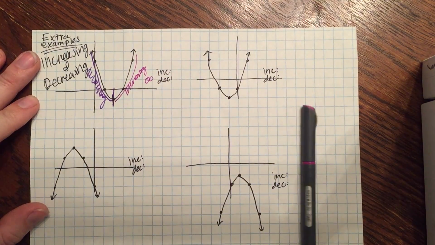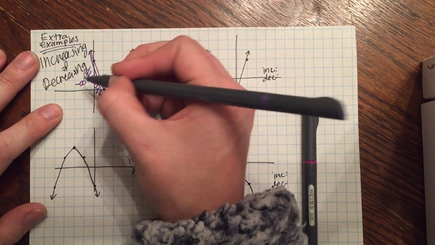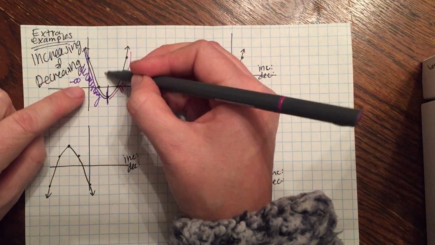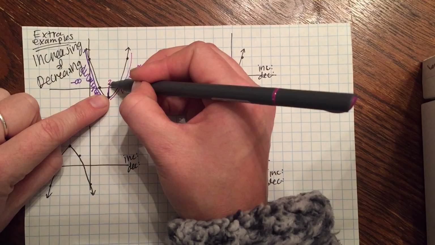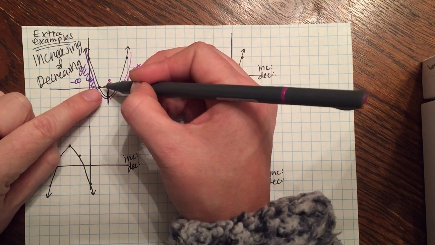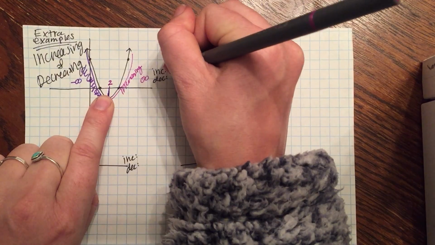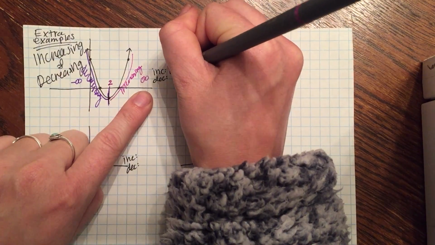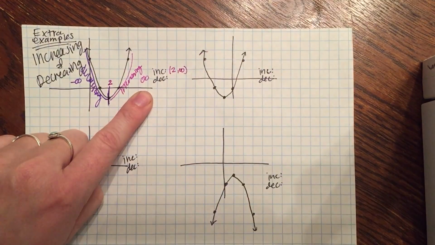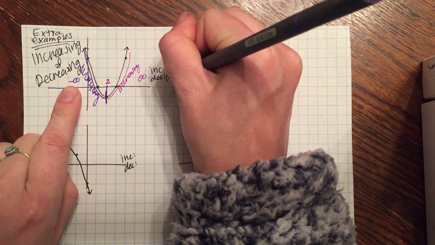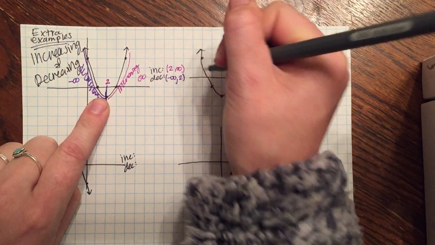Infinity on the right, negative on the left, and I look for that middle number that it hits. This number it hits on my graph would be the number 2 for x. So increasing is from 2 to infinity. Decreasing is negative infinity until it hits the 2.